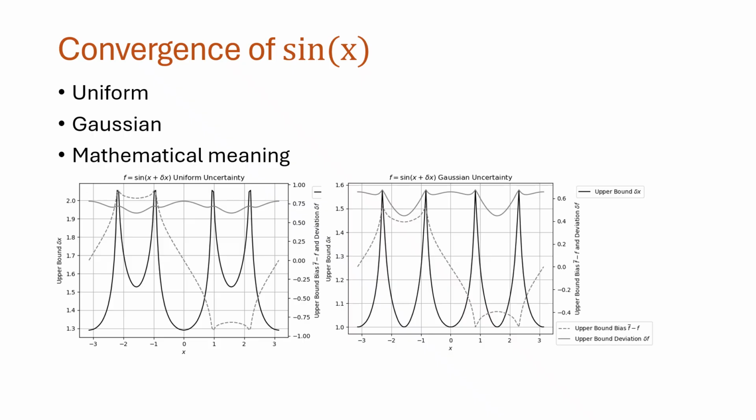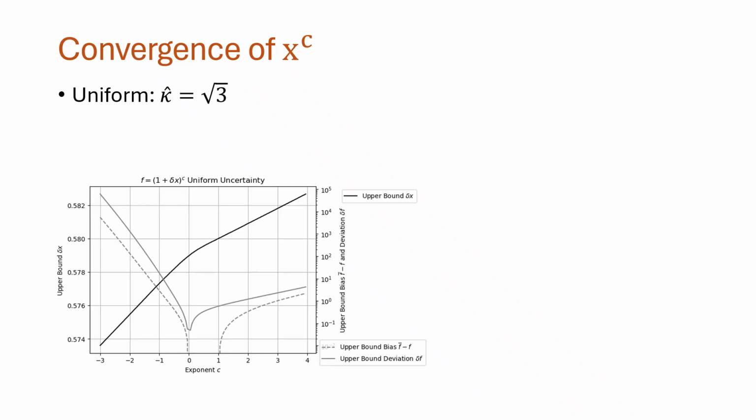So now let's look at the application of the convergence rule on the power function. First, for uniform, we know it has a bounding range, the calculation bounding range, equal to square root 3. We can see this bounding range is very close to 1 over square root 3, but increases with an exponential c.